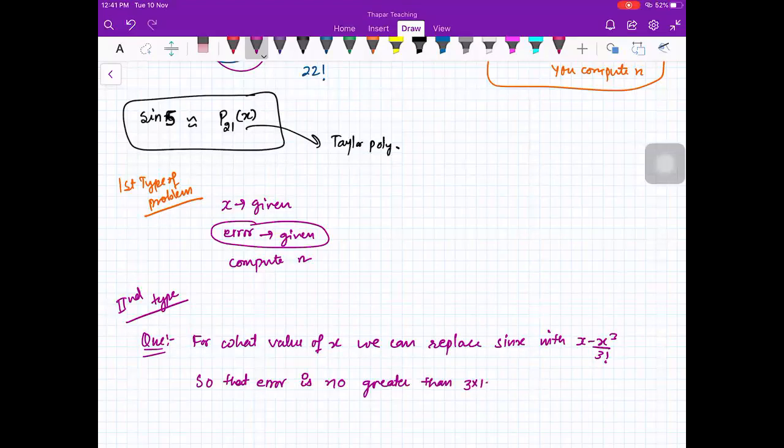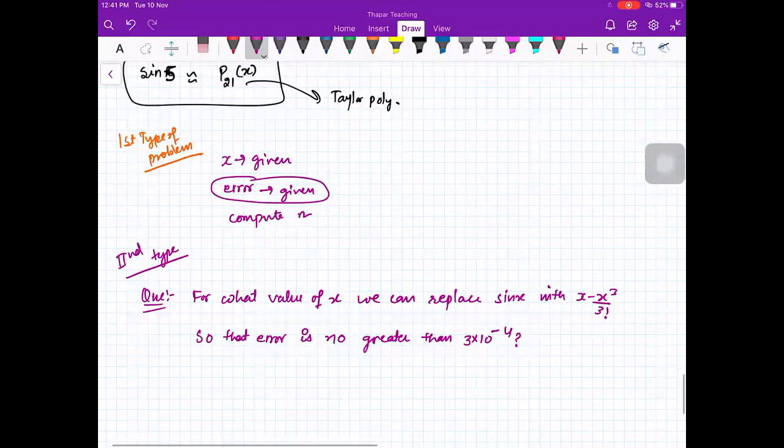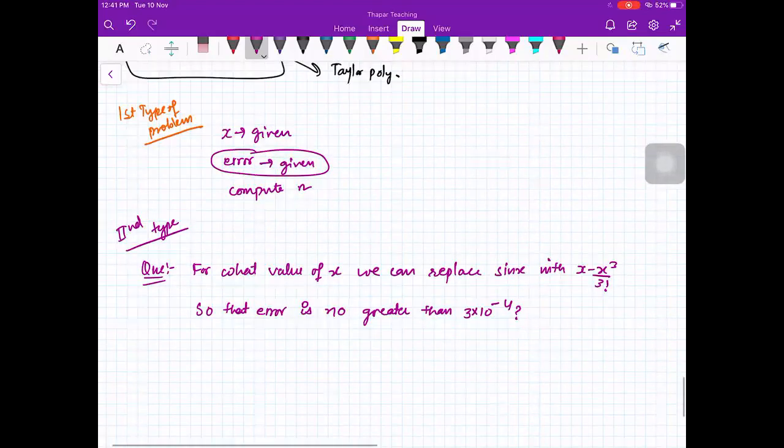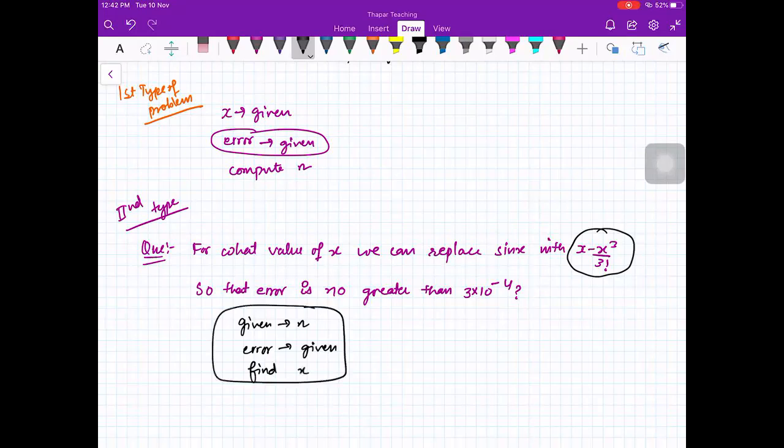So here you see you are given n, right? Number of terms are given. Here given n, error is also given. So you have to find x. Is that the question? Is that okay? So your number of terms are also given. Error is also given. You have to find for what value of x you can do so.